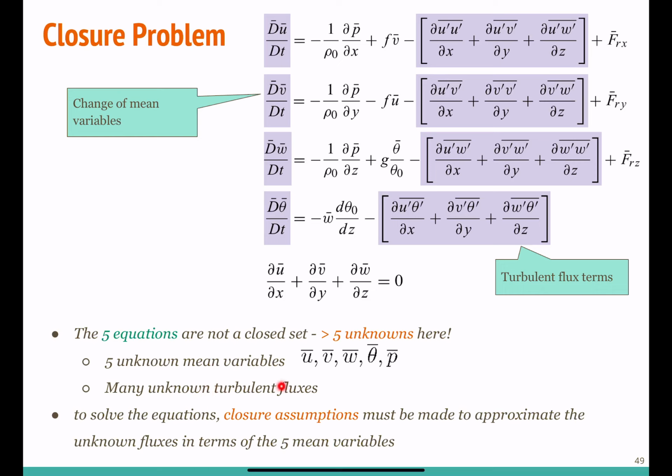And then we also have a lot of unknown turbulent fluxes in the first 4 equations. So to solve this set of equations, we need closure assumptions. We need to make assumptions to these terms so that we can reduce the amount of unknown variables in the equations.